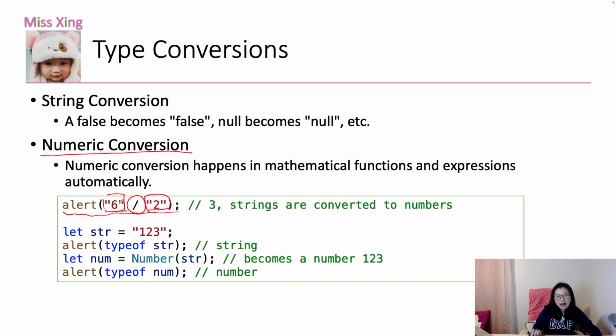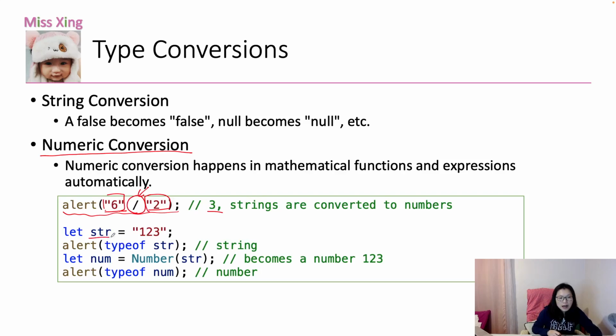As we know in other languages, when we want to use a mathematical divide, a string definitely cannot work, right? So JavaScript will automatically try to convert both sides into a number and then operate the divide. So you will get a 3. So 6 and 2 will both be converted to numbers first, then divided.